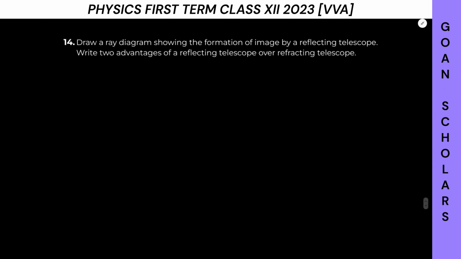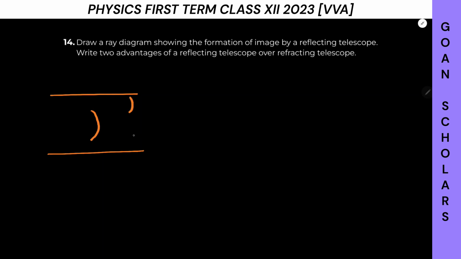Question number 14 says, draw a ray diagram showing the formation of image in a reflecting type telescope. So let's draw a ray diagram of a reflecting type telescope. So here we have a reflecting type telescope, which is like, these are the two lines we will draw here, and we have a mirror over here.